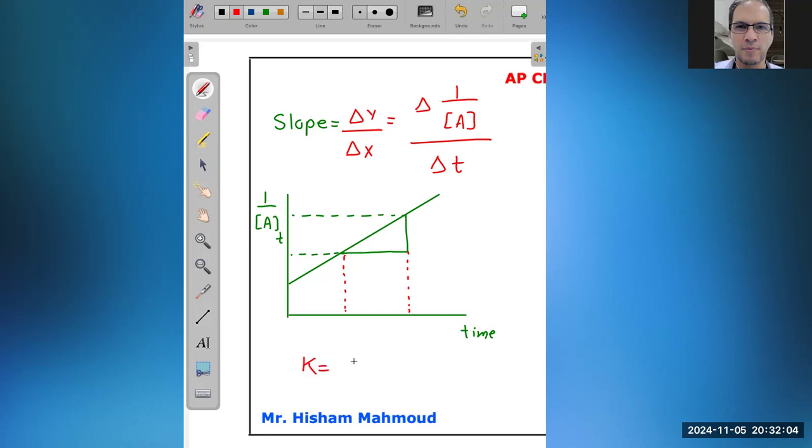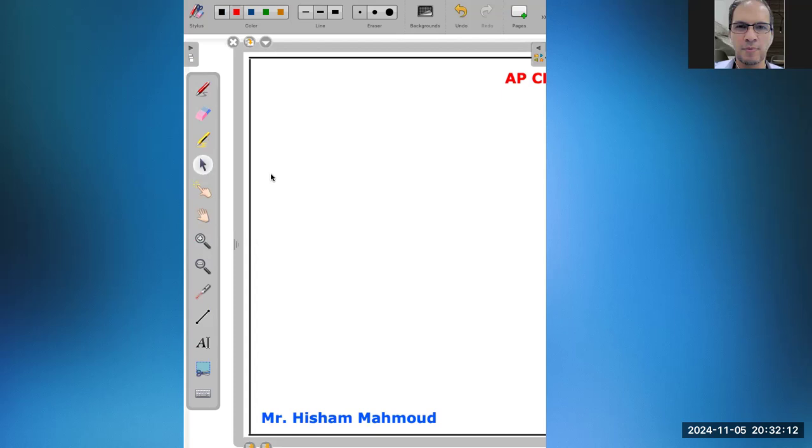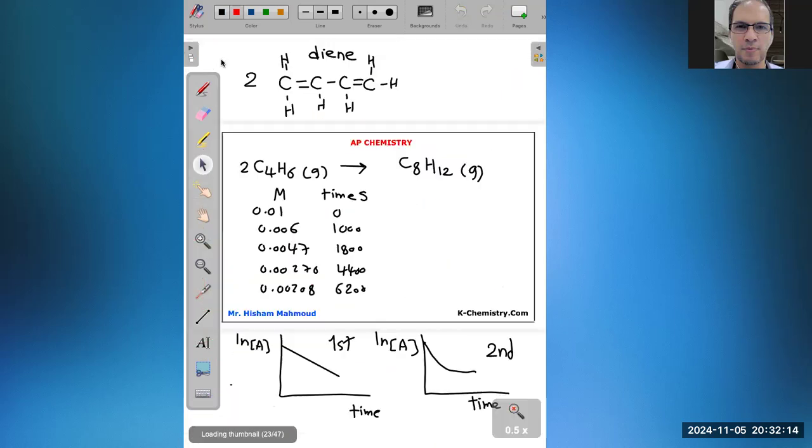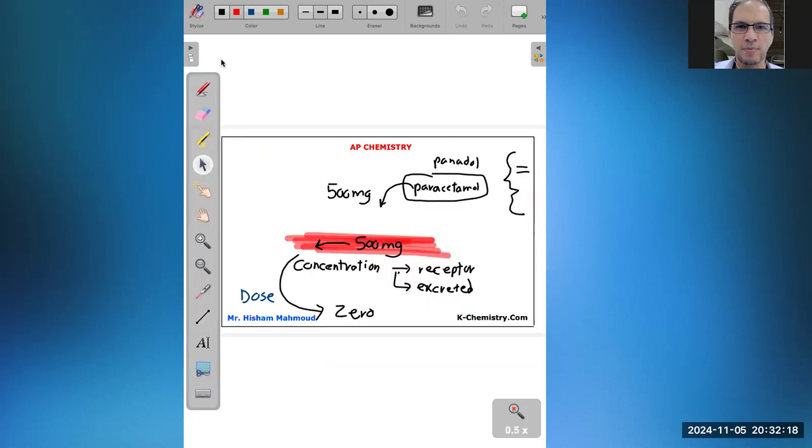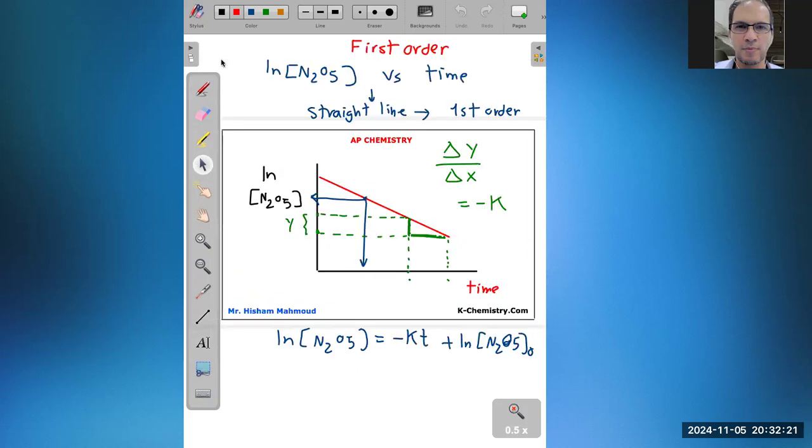The k equals the slope. Take care, last time what was the slope equal to in the first order? You remember? What was the slope last time? Negative k. Take care, the slope last time in the first order was negative k. But what is the slope this time?